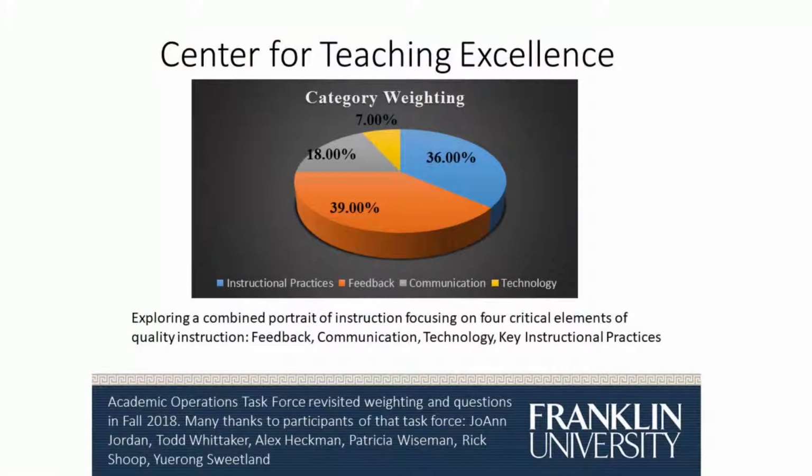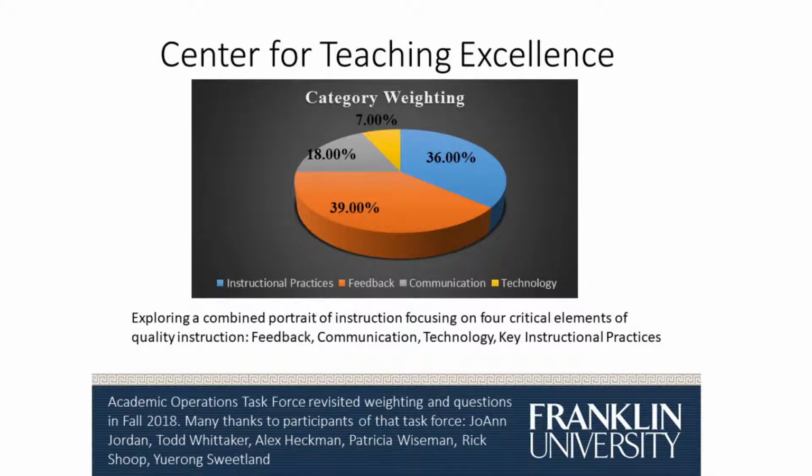Feedback, we had a very lengthy discussion about this because of the nature of the way that our learners are in an accelerated format, are online, are communicating with our instructors. We actually upticked this very significantly in terms of the weighting because the feedback that the students get, in terms of the quality and the timeliness, will help inform how they're able to move forward in their course. So that counts for 39%.